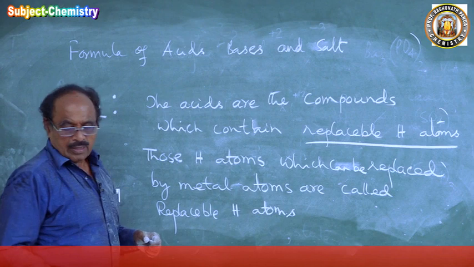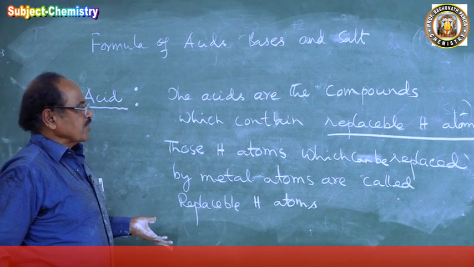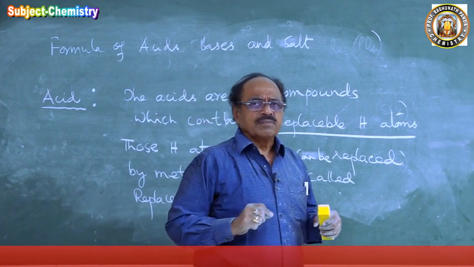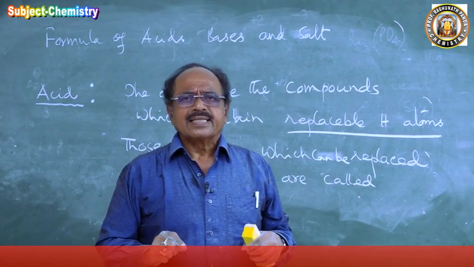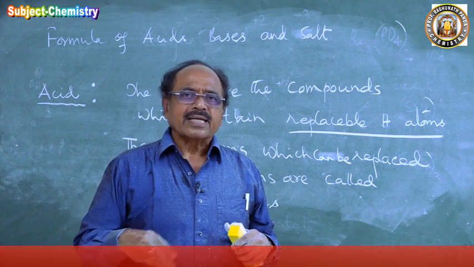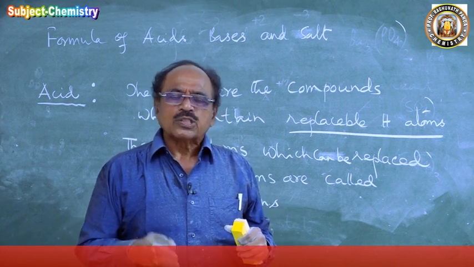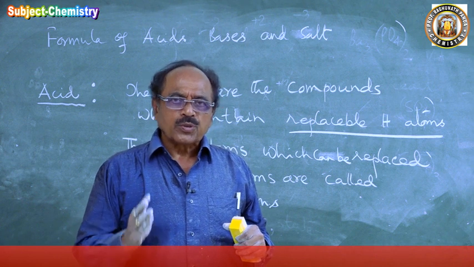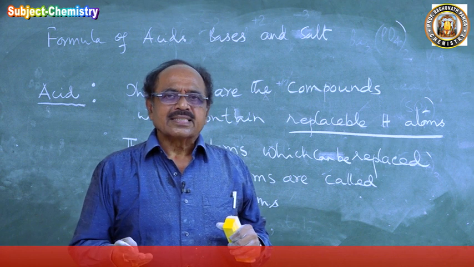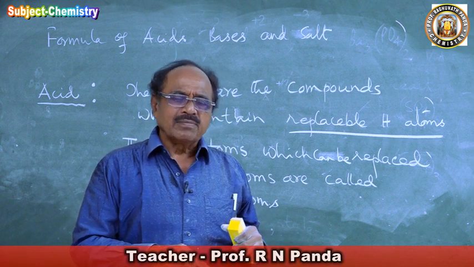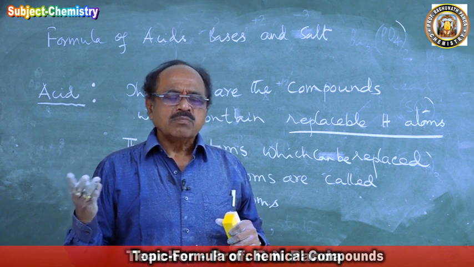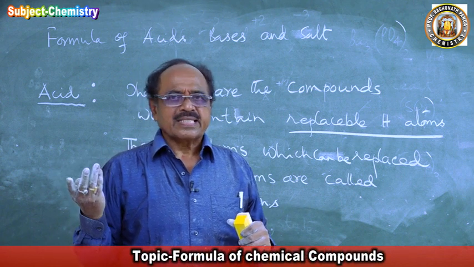But later on, when chemistry developed, then how is this hydrogen atom present in the acid? It is present as H plus. So then the chemistry definition came for acid: those compounds which donate H plus ion are called acids. So this replaceable hydrogen atom comes out of the acid as H plus.